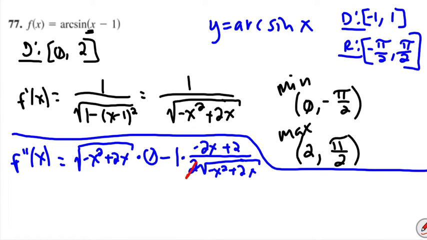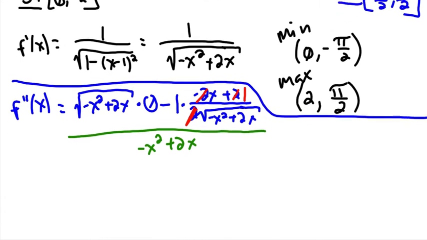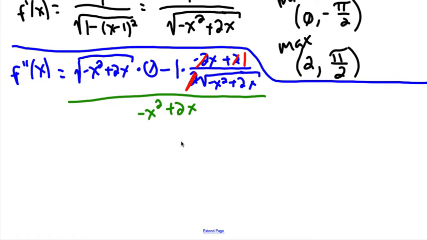Hopefully we recognize that this 2 will cancel with this 2 and with this 2, leaving us with a 1. This is all over the denominator squared, which is negative x squared plus 2x. First of all, this time 0 is gone. That whole first thing is gone there.